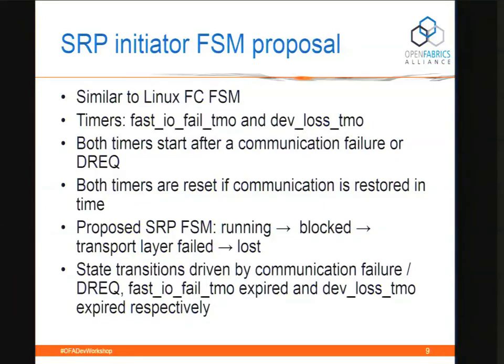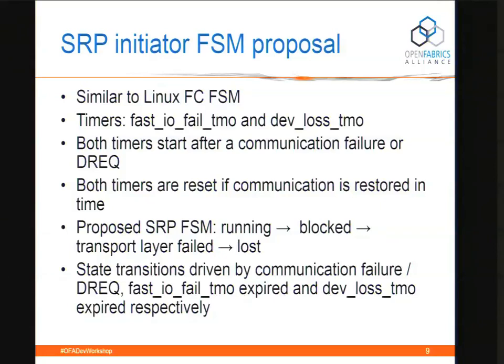And the proposed state machine is to start in the running state. That means communication working normally. If a failure is detected in the network, change the SCSI host state to blocked. That is a signal to the multipath daemon that it should stop using that path and should start using an alternative path. At the same time, when a failure is detected in the network, the fast_io_fail and the dev_loss timers are started.